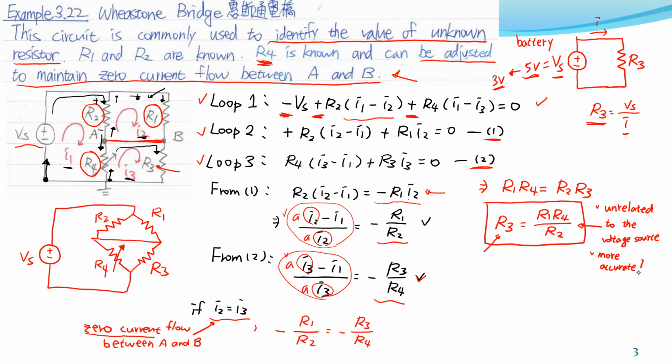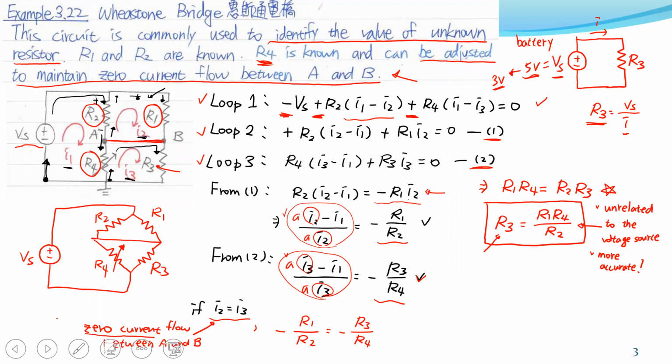Okay, so this is the advantage of the Wheatstone bridge. It's unrelated to the voltage source and it is more accurate.